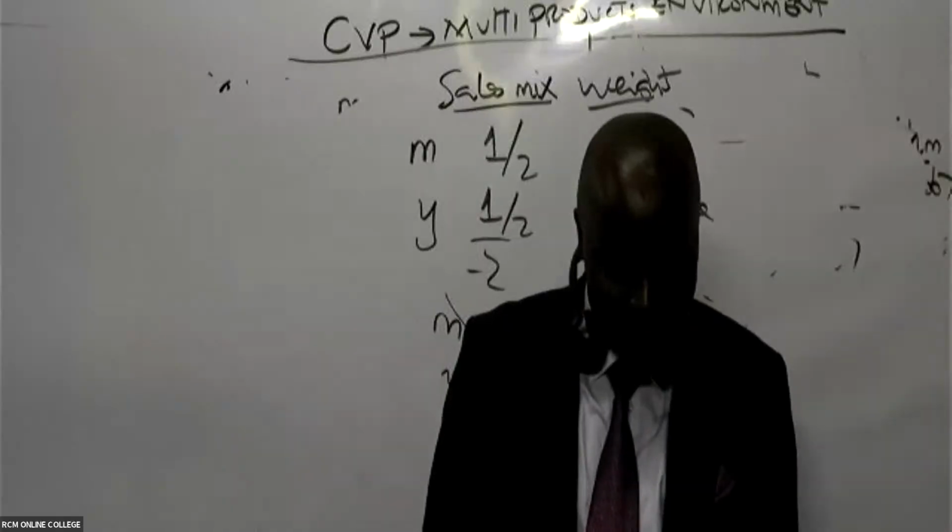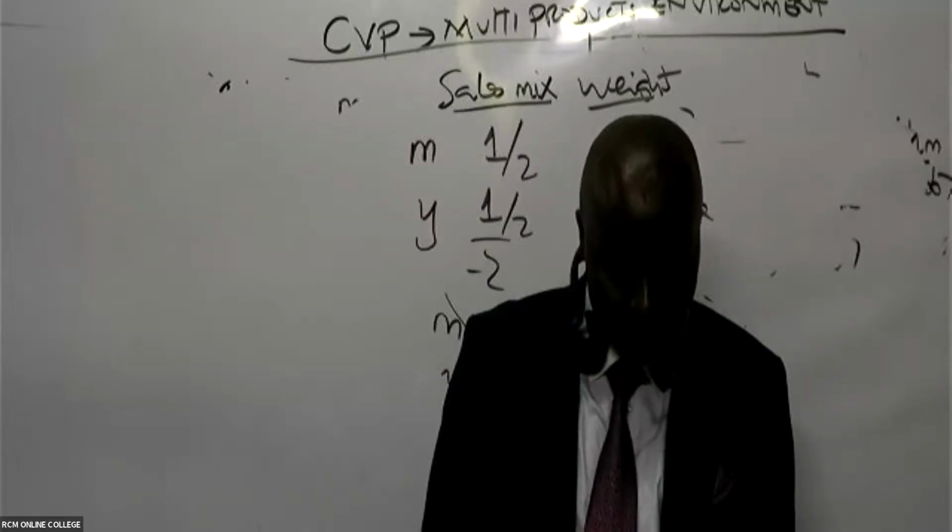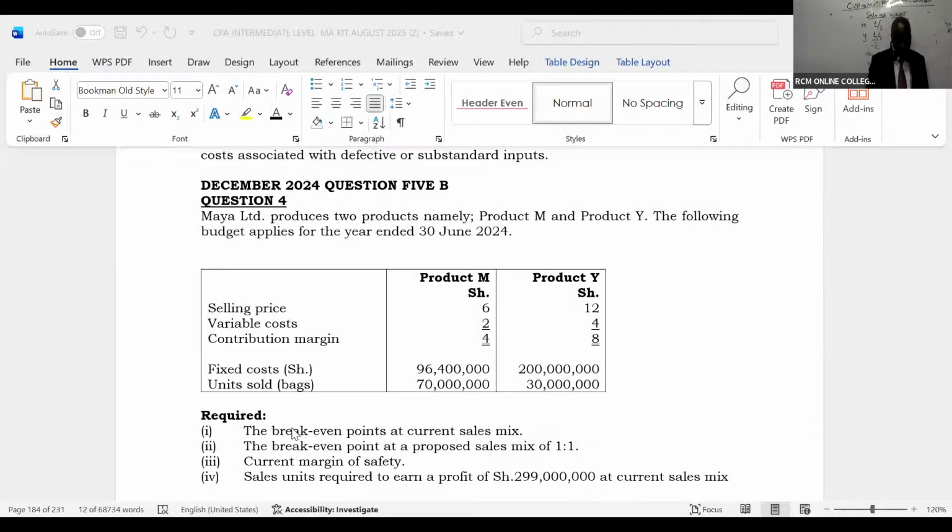All right. So we are doing it together, ladies and gentlemen. Remember, they want us to give them the break-even point at a proposed sales mix of 1:1.